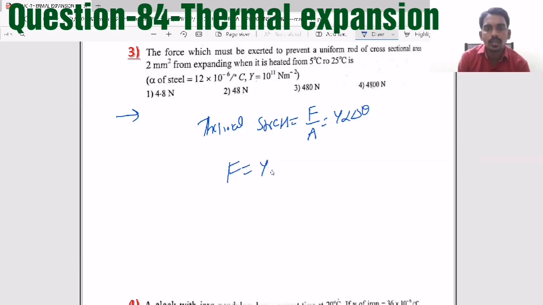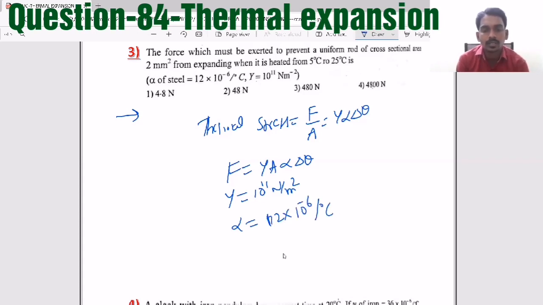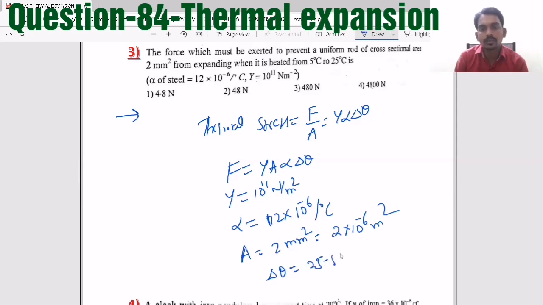Now they are asking about force, so force equals Y A alpha delta theta, where Y value is 10 power 11 Newton per meter square and alpha value is 12 into 10 power minus 6 per degree Celsius, and area of cross section is 2 millimeter square. Millimeter means 10 power minus 3, square means 10 power minus 6 meter square. And delta theta is 25 minus 5, that is 20 degrees Celsius. So this way you can find the answer.